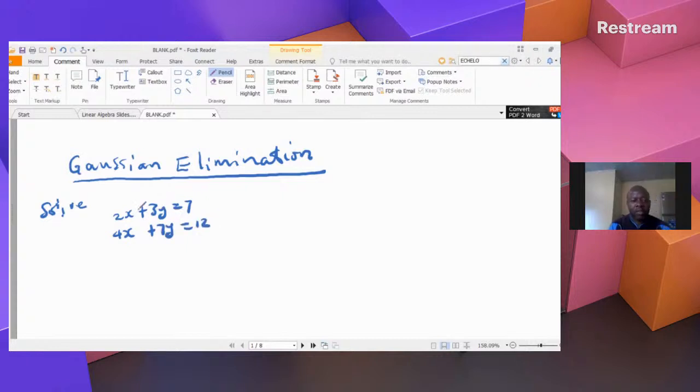This simultaneous equation is a system of linear equations, because we have a linear equation and another linear equation.